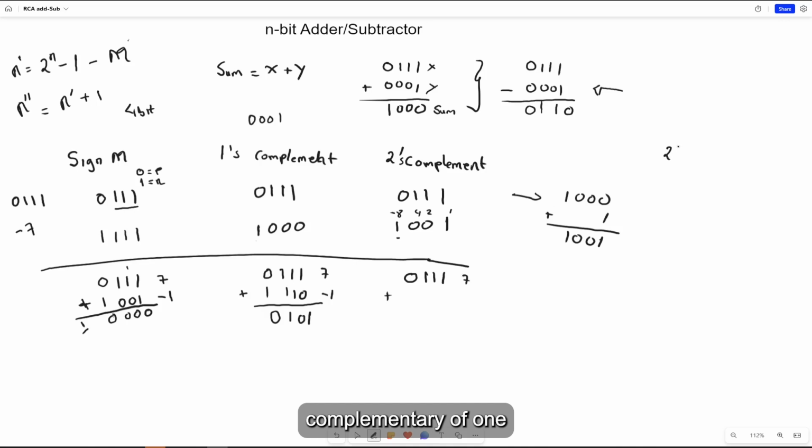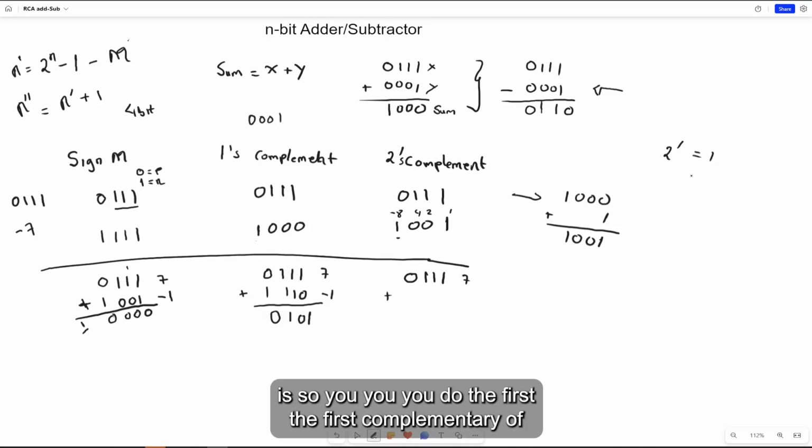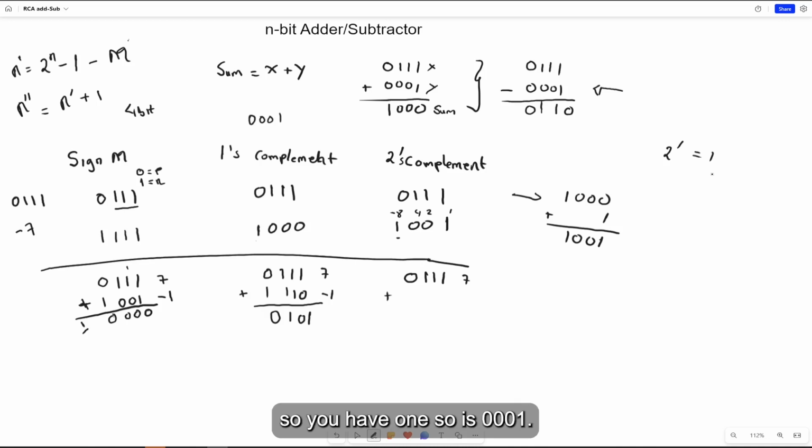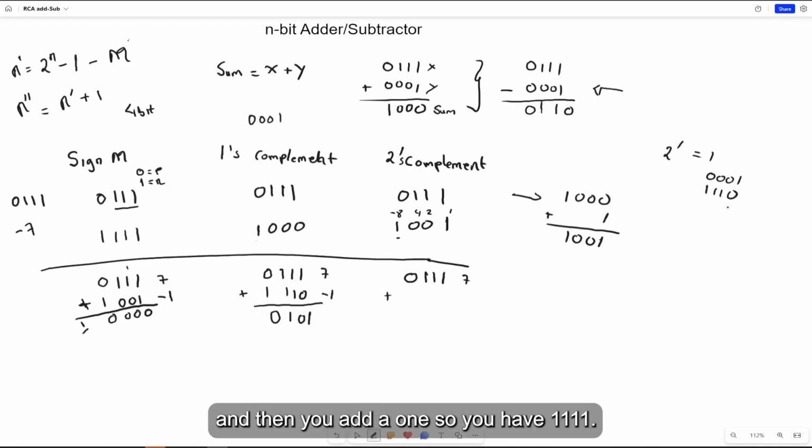So you do the first complementary of 1, so it's 0, 0, 0, 1. The first complementary of that is 1, 1, 1, 0, and then you add a 1, so you have 1, 1, 1, 1.